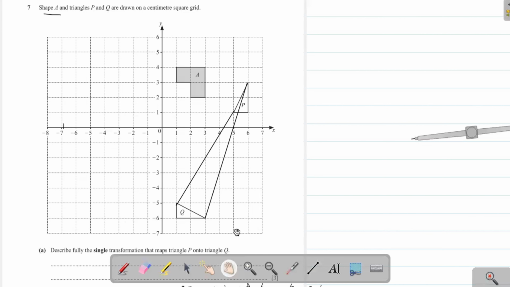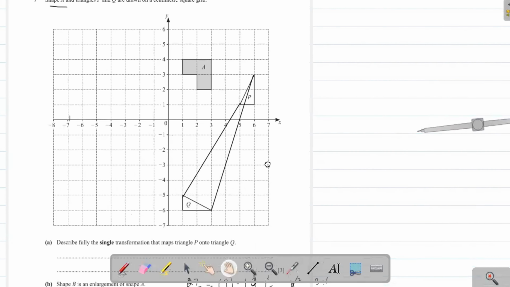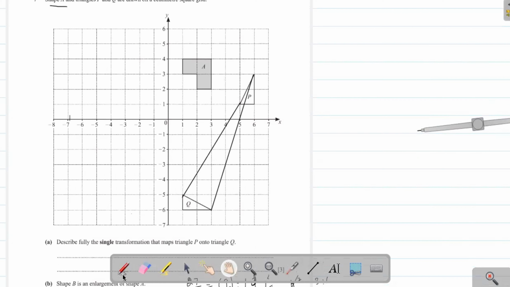Next, we will find the center of rotation. For the center of rotation, we will draw the perpendicular bisector between the image and object points. You see here, first we will draw the perpendicular bisector by using the compass.